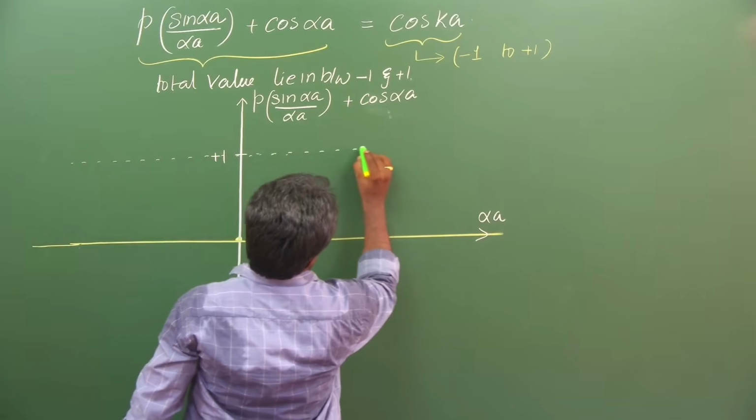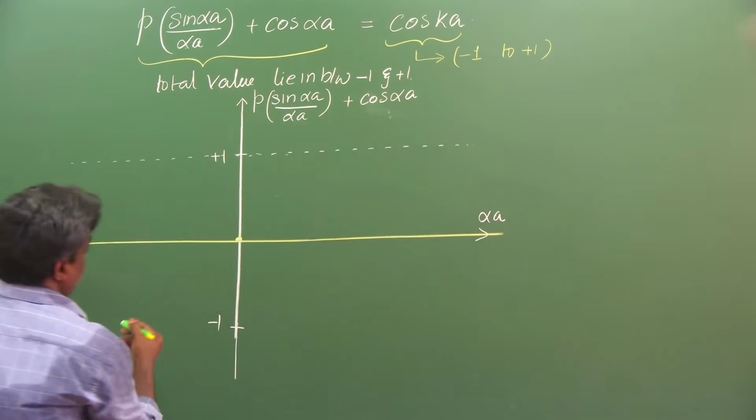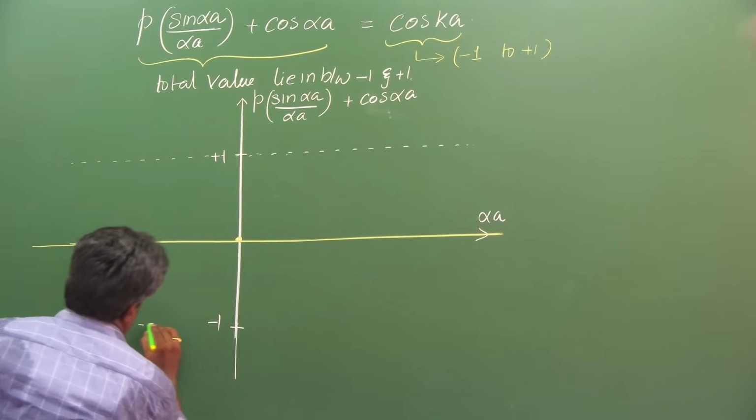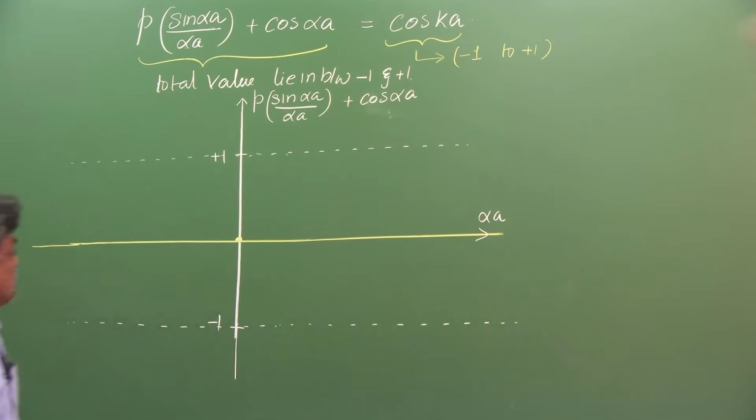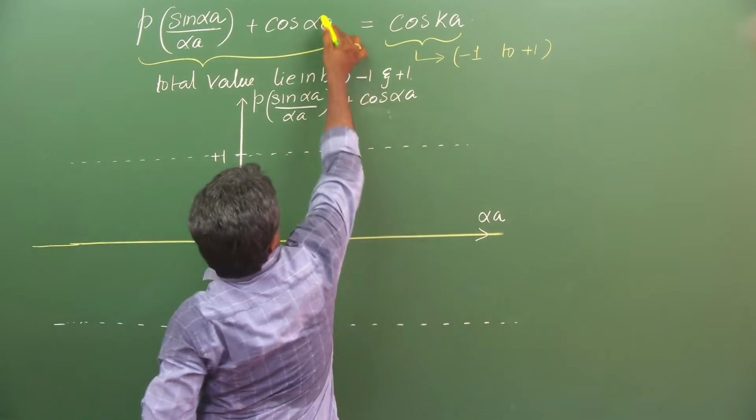Please try, whether you understand or not, just listen first. Let me explain. Alpha A is nothing but the angle.